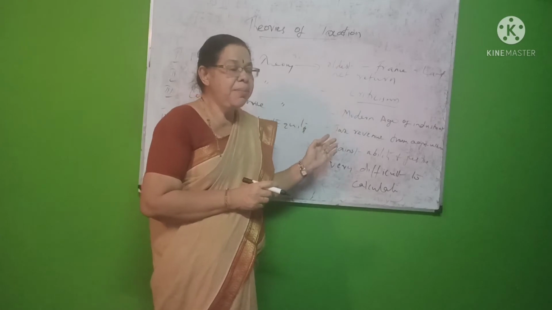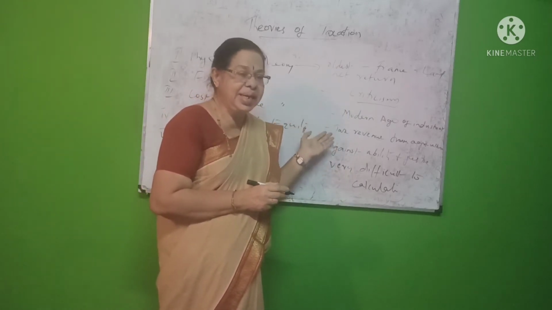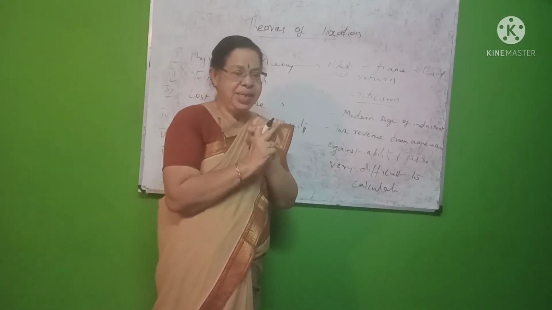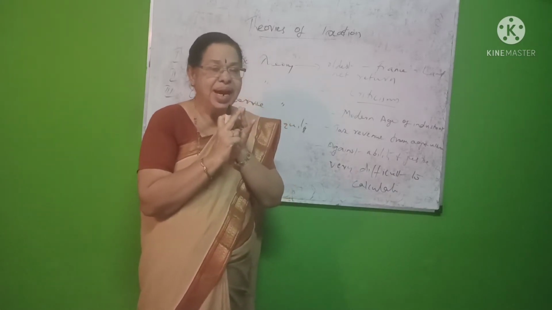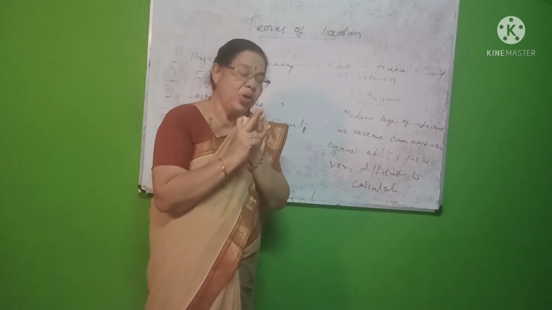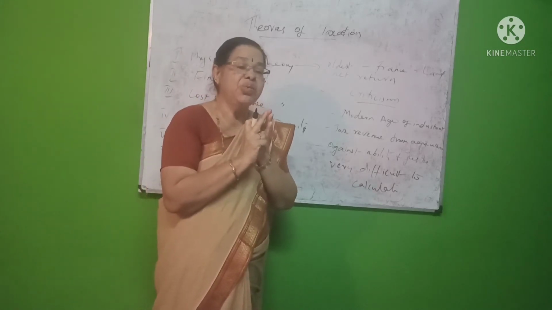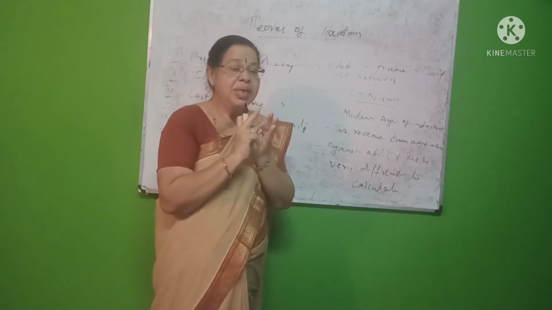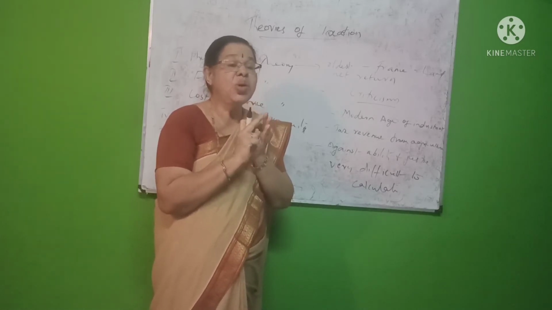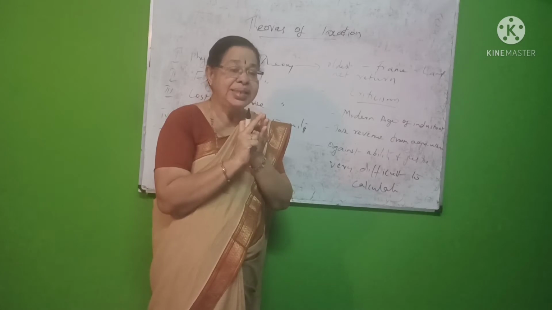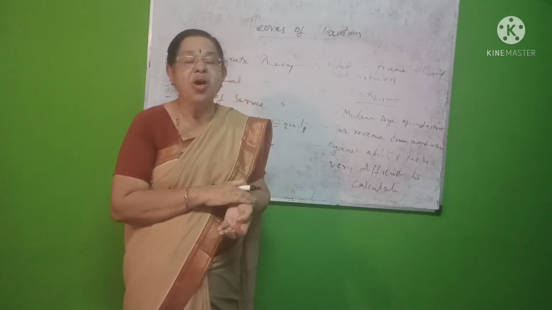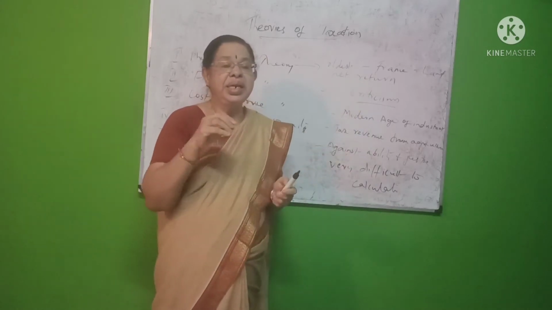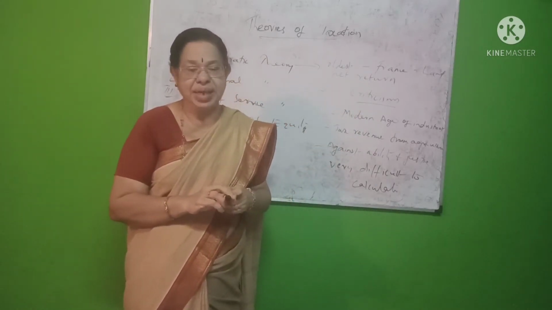So the important source of revenue to the government, the tax, comes only from land or agriculture. These are the main important points included in the physiocratic theory.